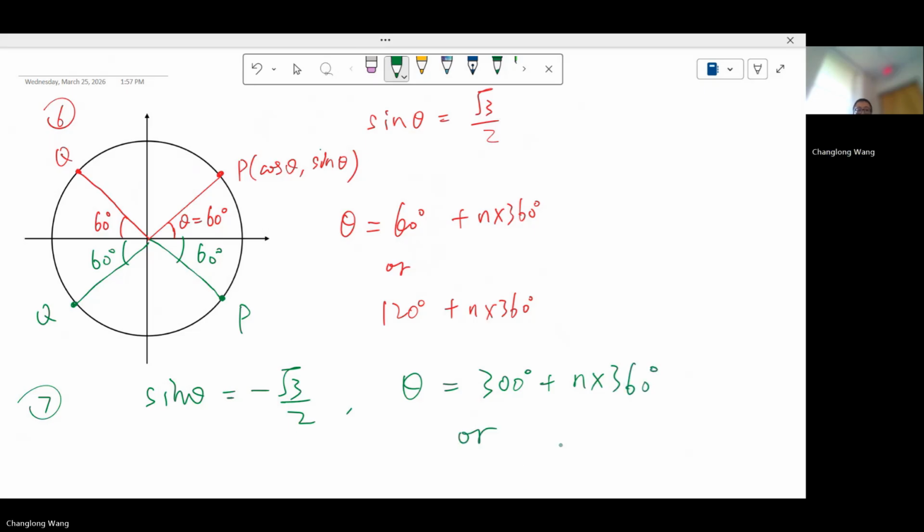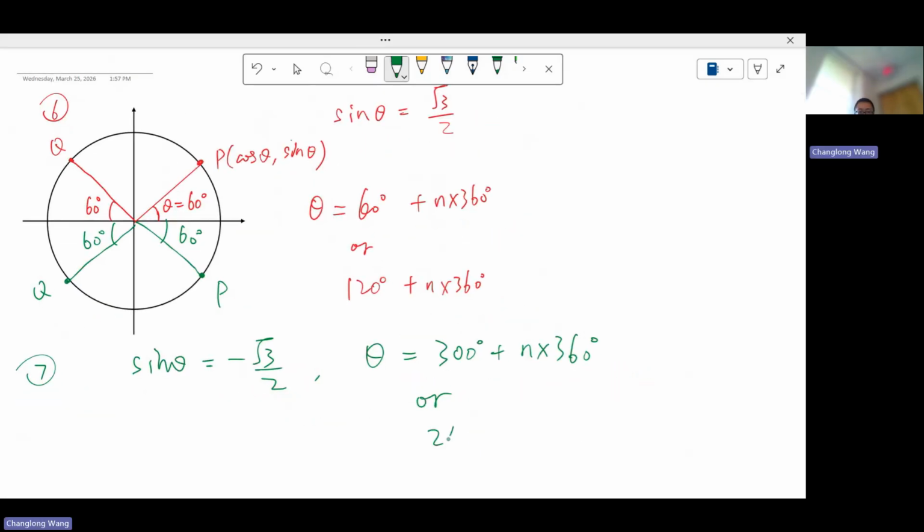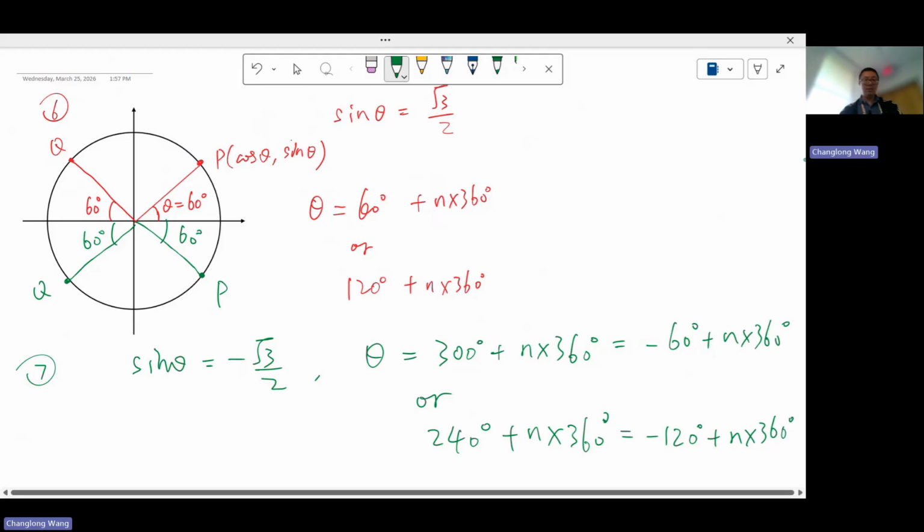What's the other one? 240, thank you. 240, so basically adding 60 to 180, right? All right. Now, if you want to cheat a little bit with the negative angles, this is the same thing as negative 60 plus n times 360, right? And this guy is negative 120 plus n times 360, right?